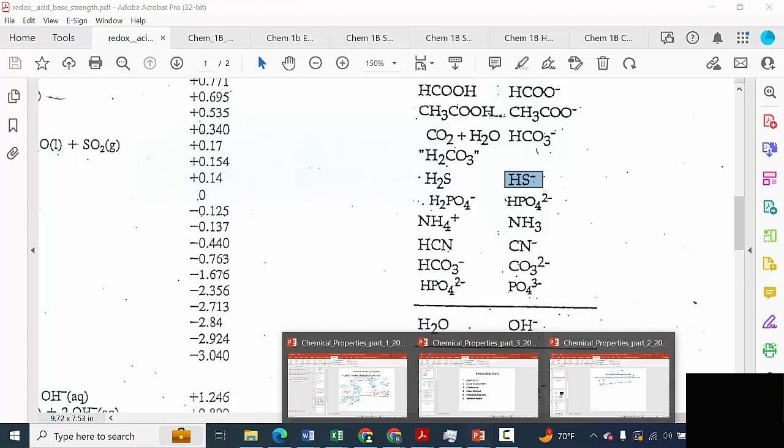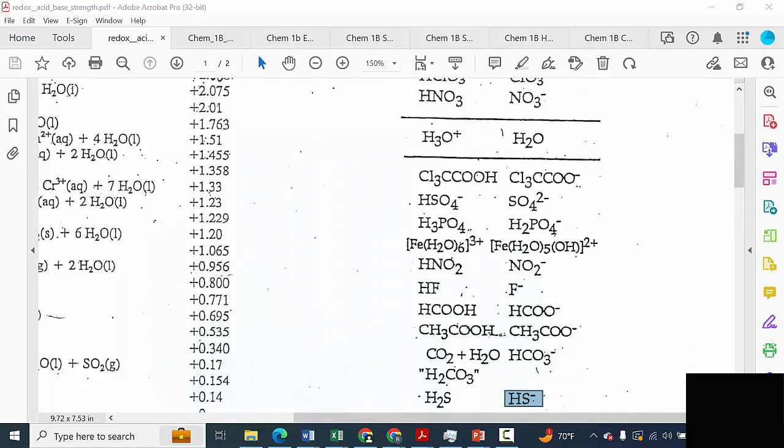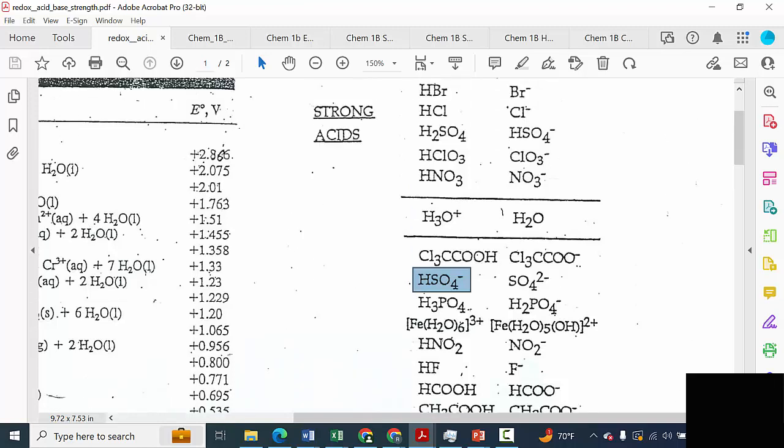All right, what about bisulfate? Bisulfate is actually a pretty good what? Acid, yeah. It's not a strong acid, but it's a pretty good weak acid. It's also a base.